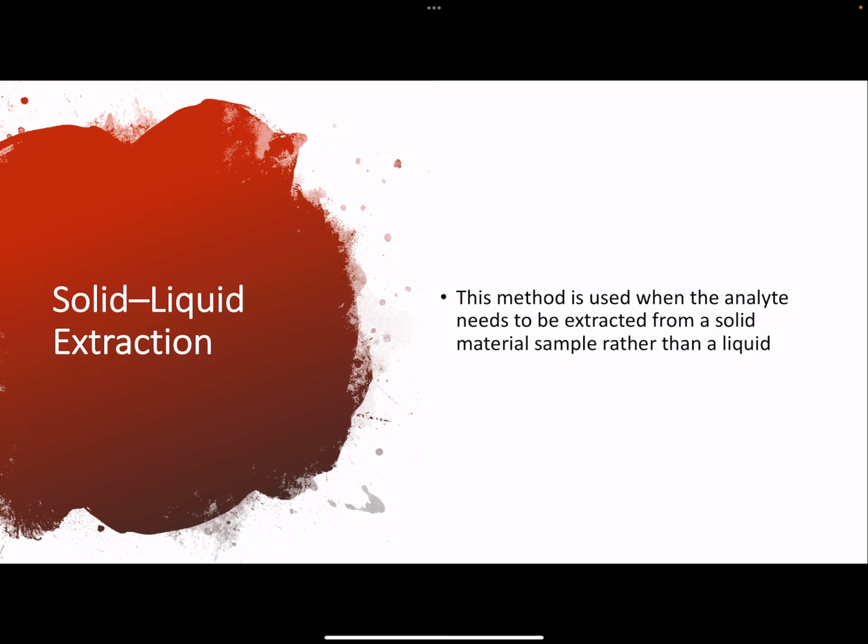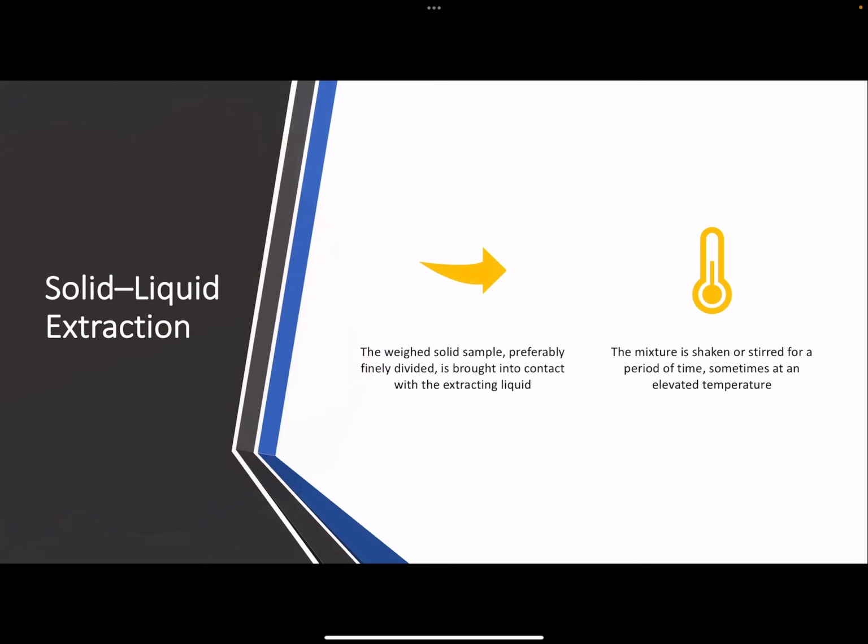Okay, next is solid liquid extraction. This method is used when the analyte needs to be extracted, this time, kanina from a liquid, this time from a solid material. Okay? Rather than a liquid. Okay? The weighed solid sample, preferably finely divided, is brought into contact with the extracting liquid. Now, there's a reason why we have to finely divide our solid samples, no? And that is particularly to increase the surface area.